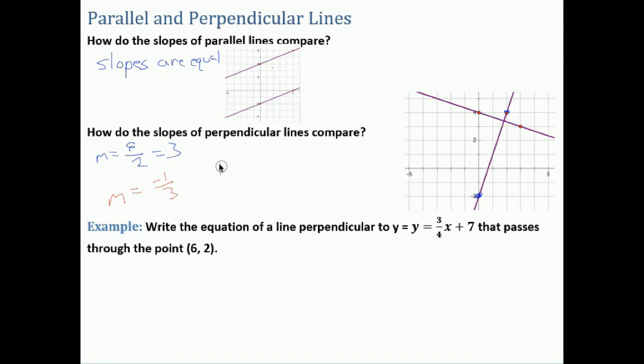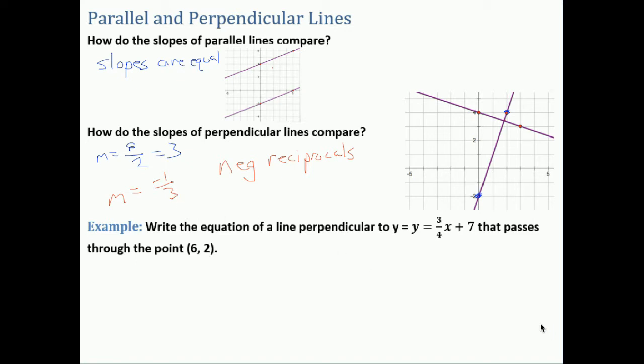Well, they are negative reciprocals. And that is true about slopes of perpendicular lines. Their slopes will be negative reciprocals of each other. So if I have the slope of a line, I change the sign, and then do the reciprocal. So make that negative 3, reciprocal of negative 3 is negative 1/3.